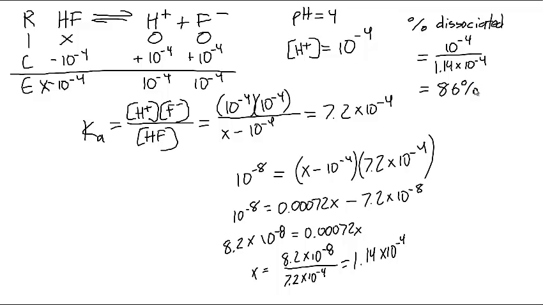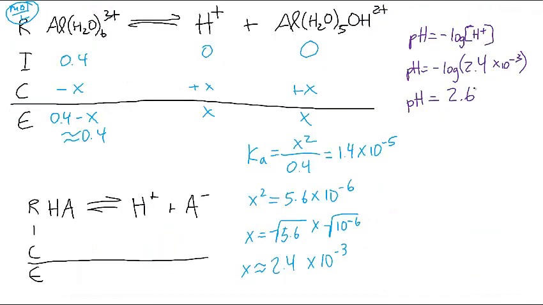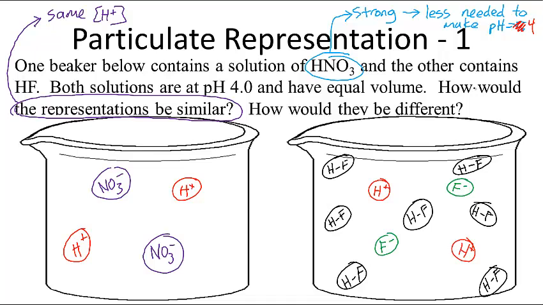So going back, I can correct my picture, because I had made very few of them dissociate. Now I would have to make most of them dissociate. Oh, I can't erase now. I'm just going to have to cross some of them out. So really there would be maybe one HF molecule undissociated in my picture.